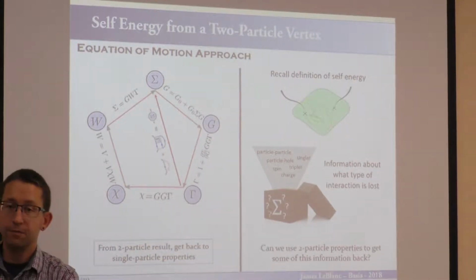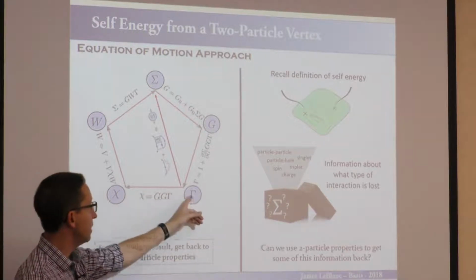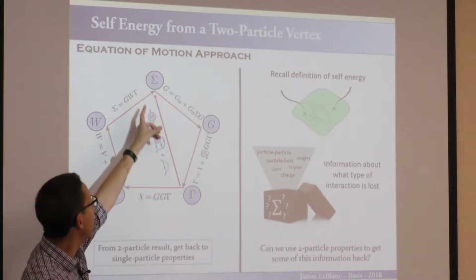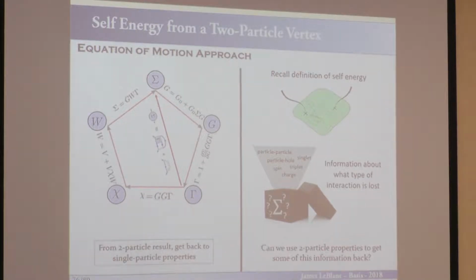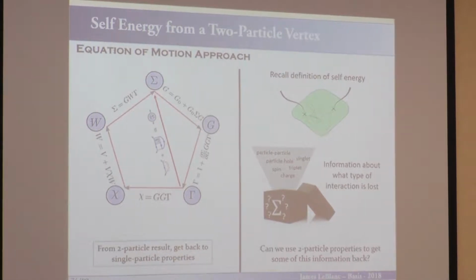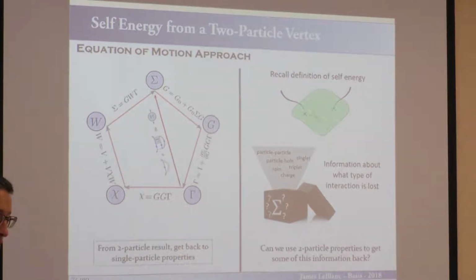But there are explicit formulas that get us from vertex functions back to self-energies. And that is precisely what we want to try and take advantage of. We want to say, I have this two-particle object. From this two-particle object, I can compute the single-particle object. Okay? And once I've done that, maybe I can have some intuition. And I'll give a description as to how to do that.